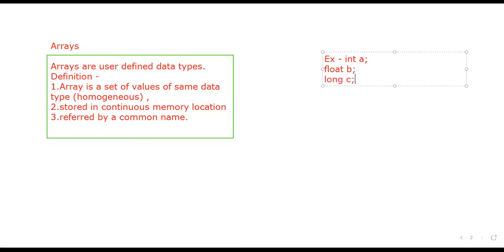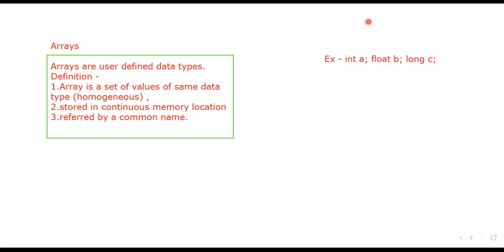How many data types have I used here? I have used 3 different data types. So they are heterogeneous. These are 3 different variables A, B, C of different types. Heterogeneous means they are not having the same data type.